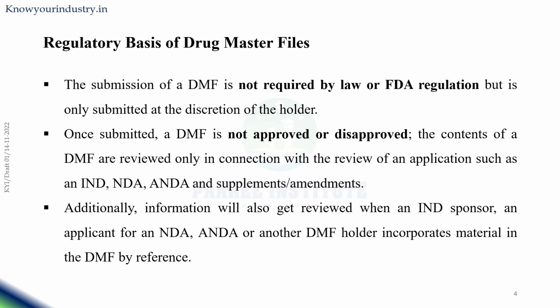Say, for example, we have submitted an ANDA and FDA reviewers find any deficiencies in the DMF, it will issue a letter including all the deficiencies to the DMF holder. It will also notify the product manufacturer that the DMF is deficient.